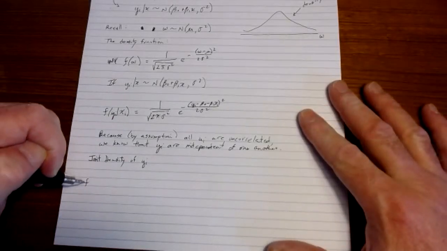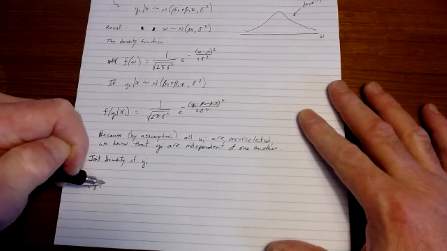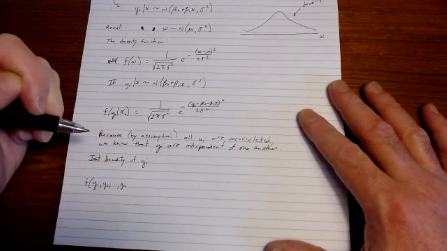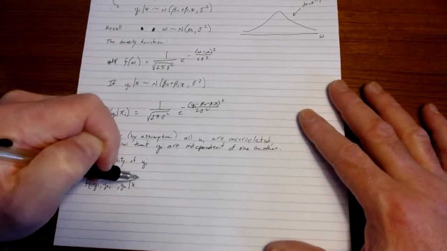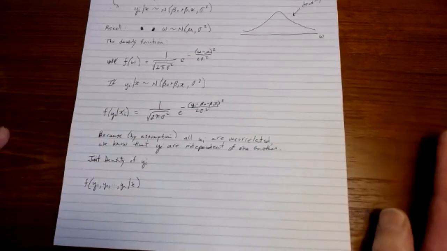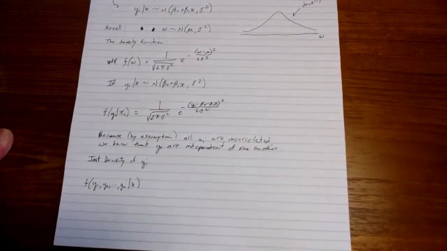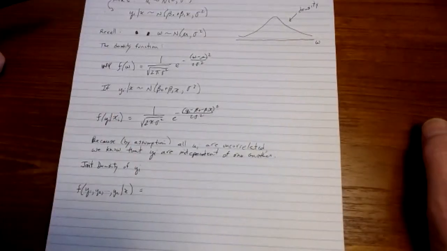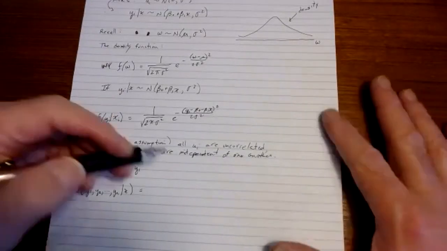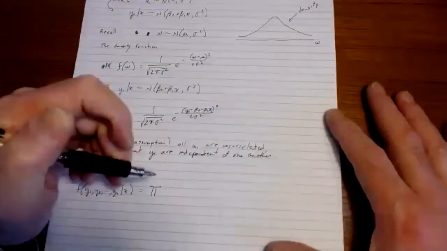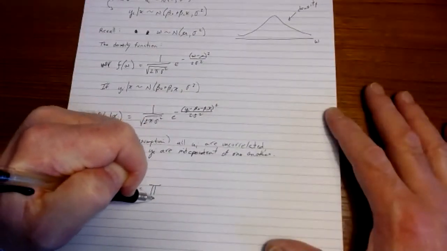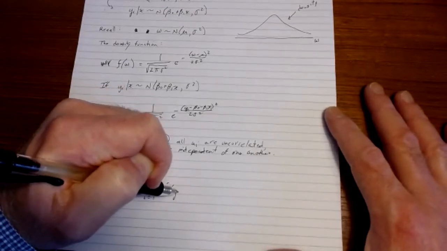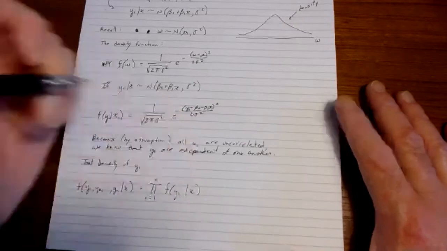We can say f of y1, y2, all the way out to yn, conditional on the x's, is equal to the product as i goes from 1 to n of f of y given x.